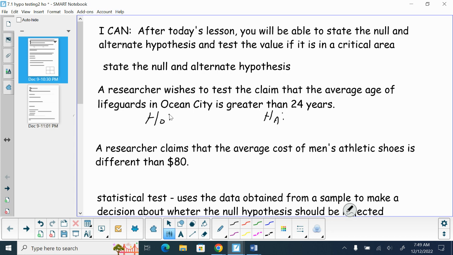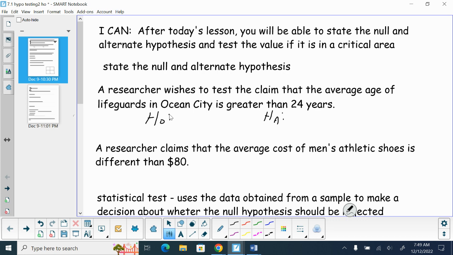Looking at the null and alternate hypothesis, as you get more and more involved in statistics, you'll get more exposure to this. Most of the time, when somebody makes a claim, that's what they hope is going to be true, and that normally goes into the alternate hypothesis.